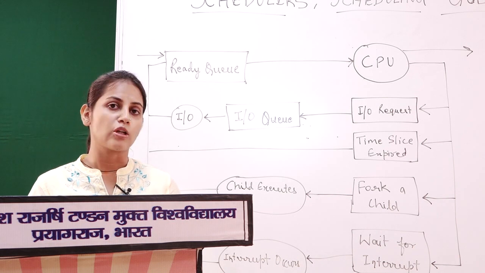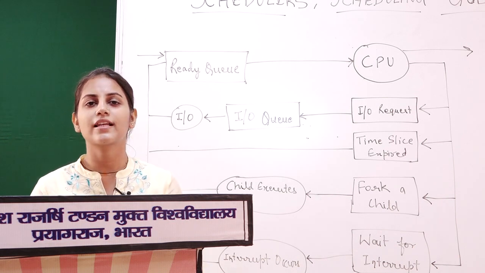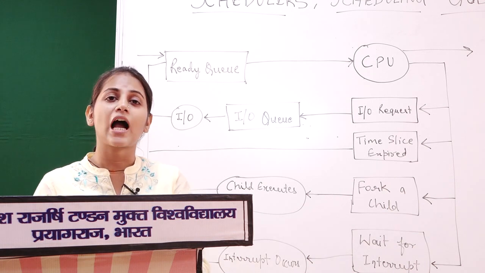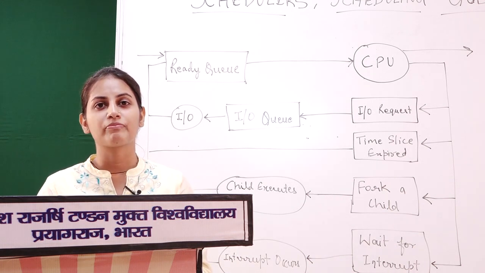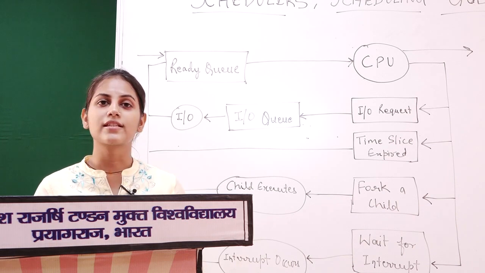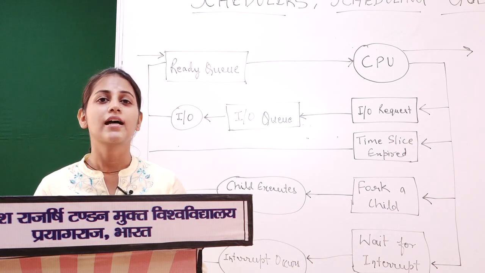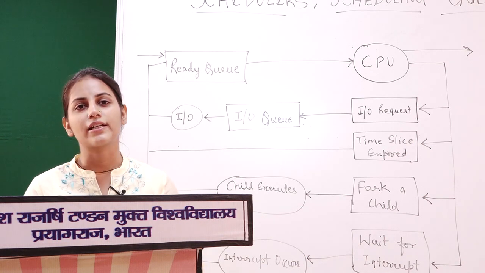So, suppose there are a lot of processes present in the main memory. The scheduler will select some of the processes to be kept out of the memory and execute the remaining processes. This process is known as swapping. However, medium-term schedulers are not present in most operating systems.